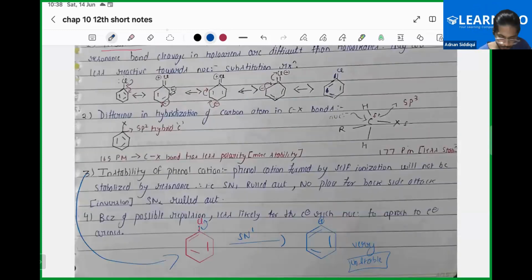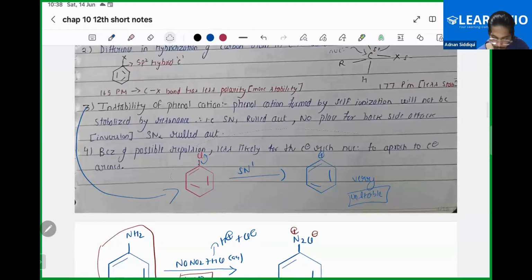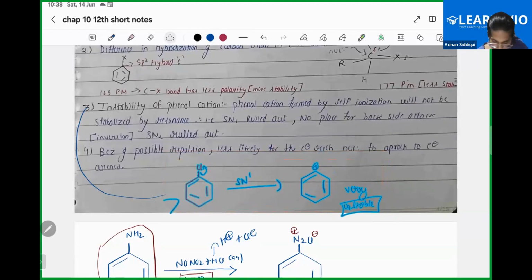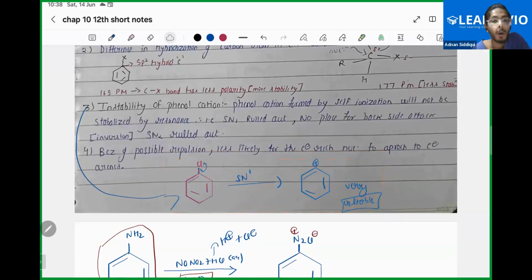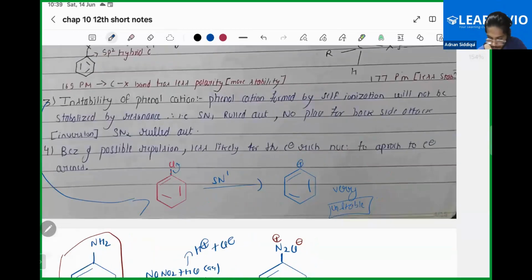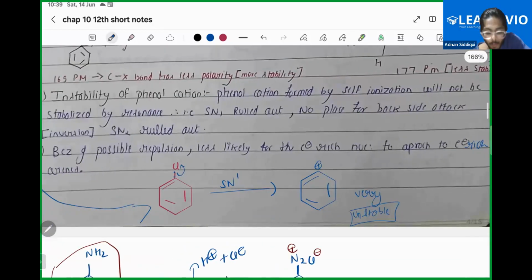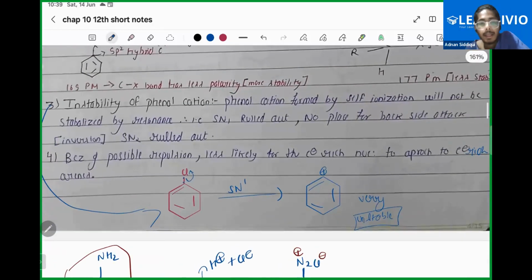The last reason is the one which we discussed at the starting. Because of possible repulsion, it is less likely for the electron-rich nucleophile to approach the electron-rich arenes. If both of the parties are rich in terms of chemical reactions, they won't approach each other.